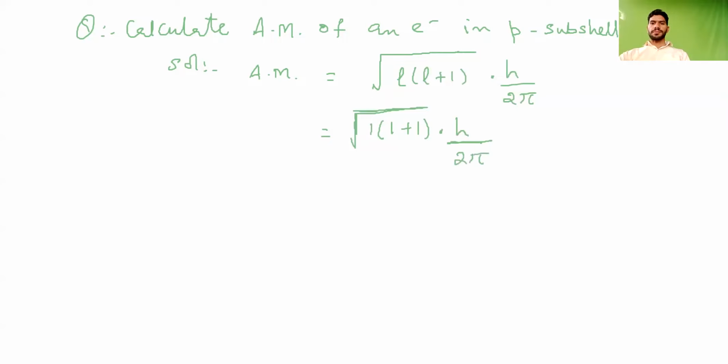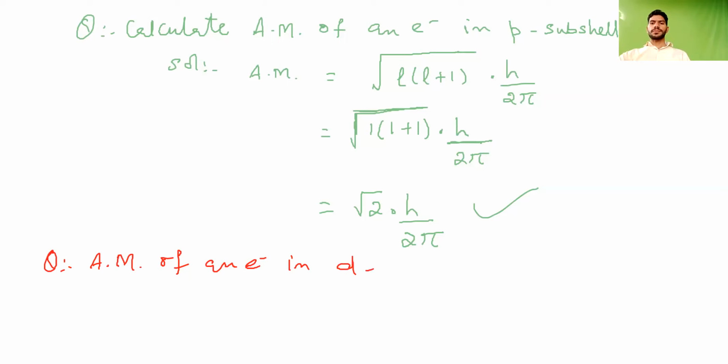So what will it become? It will become 1 plus 1, that is 2, 2 into 1, that is 2. So it is root of 2 into h upon 2 pi. Got it? So this is how to calculate the angular momentum of an electron in any subshell, right? So can you then tell me what will be the angular momentum of an electron in D subshell?